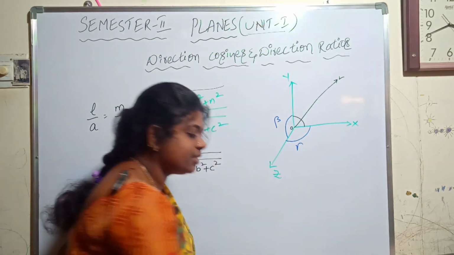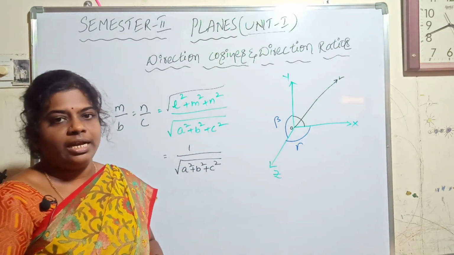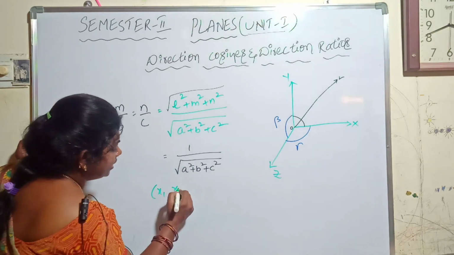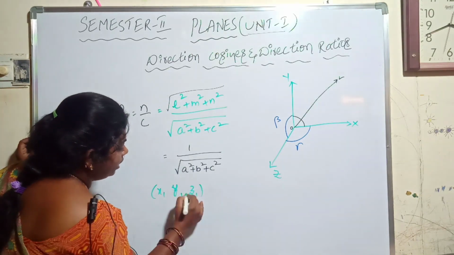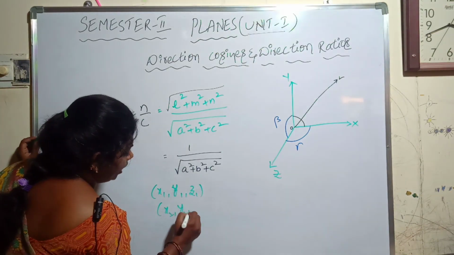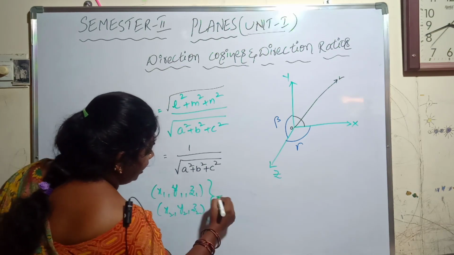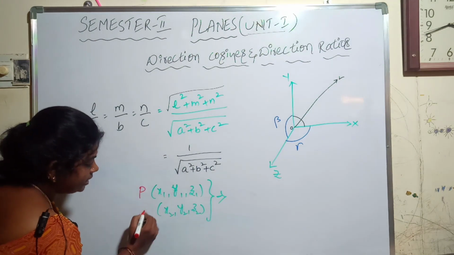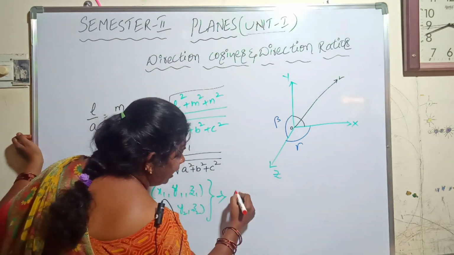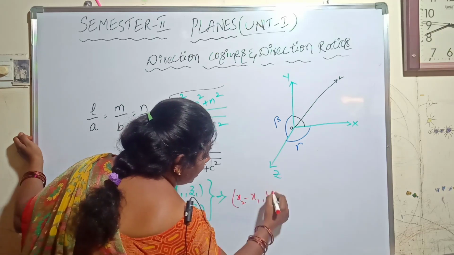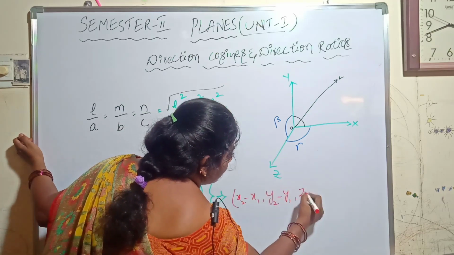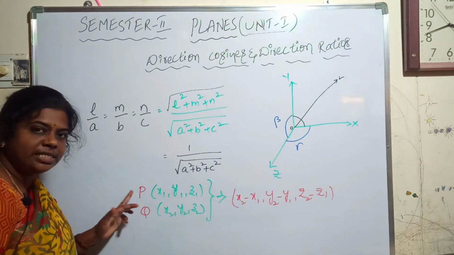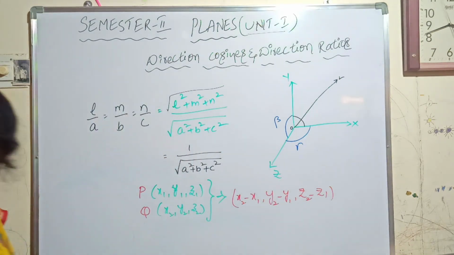Means if x1, y1, z1 and x2, y2, z2 are any 2 points, then the DRs of these 2 points P and Q are x2 minus x1, y2 minus y1, z2 minus z1.